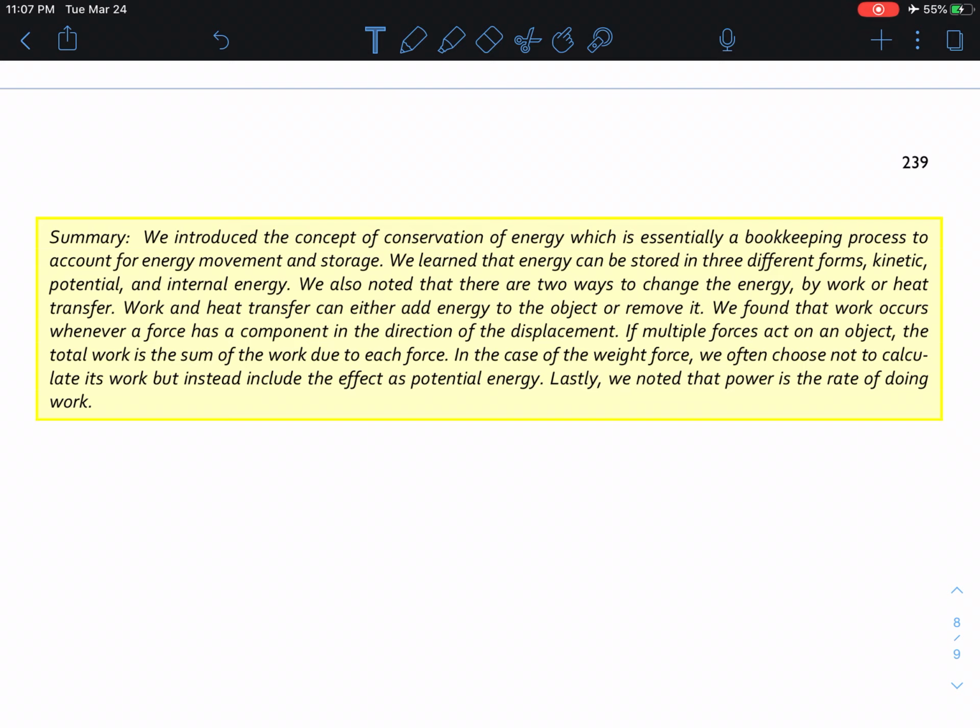Not necessarily though. Okay, so this yellow box means this is the end of the chapter. This is chapter 7. We finished it. And next time, again, the exam next Wednesday is going to focus on chapters 6 and 7.